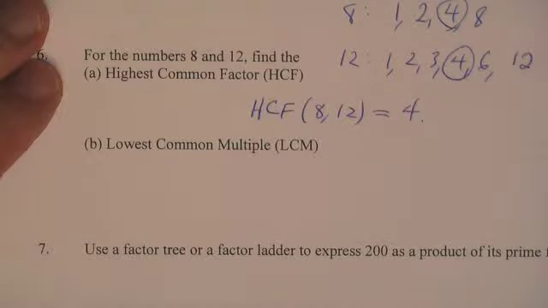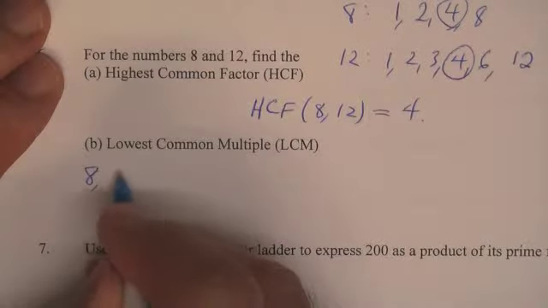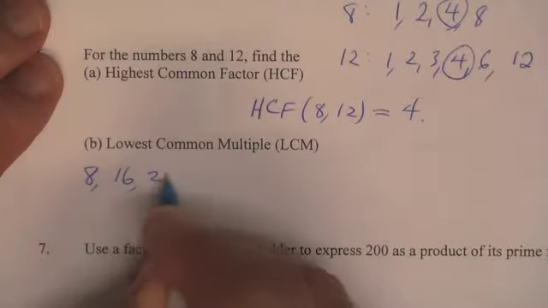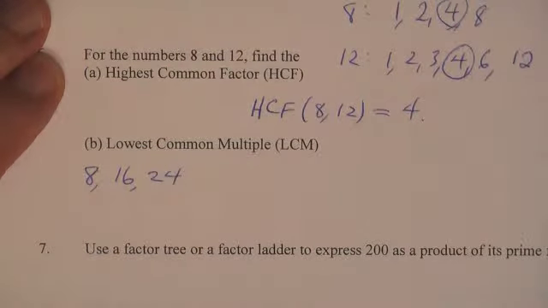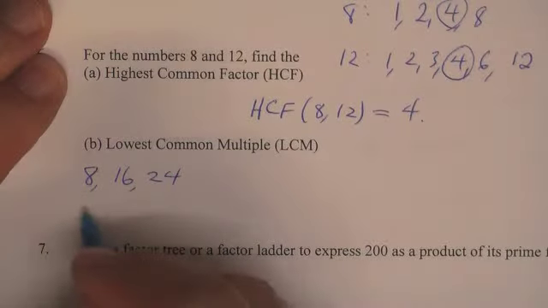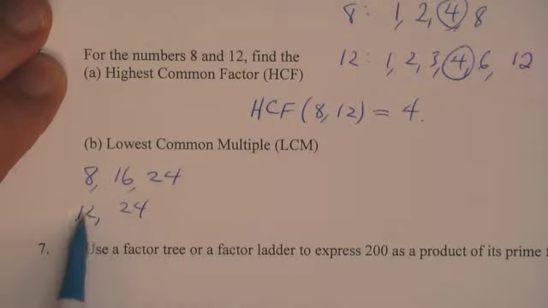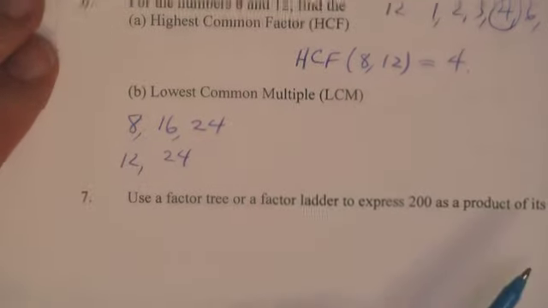What about the lowest common multiple? Well, let's write out the multiples. 8, 16, 24. Now, my times tables tells me that 24 is in the 12 times table, so I think I've probably gone far enough. 12 and 24: these are multiples of 8, these are multiples of 12.